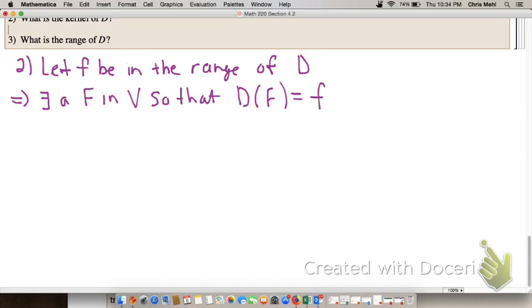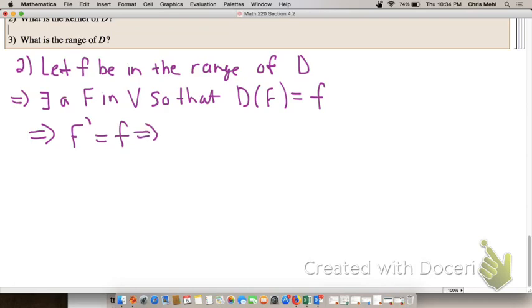Okay, i.e. what that means is that F prime has to equal f. So remember, if f is in the range, that means there's some differentiable function with continuous derivative that maps to f. Okay, so F prime equals f. Now, since F is in V, it's differentiable and has a continuous derivative.